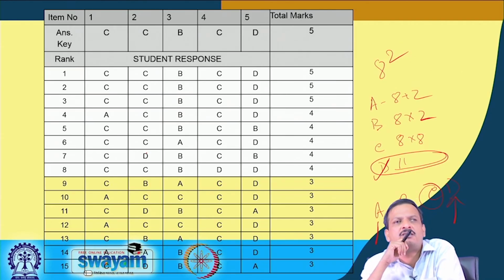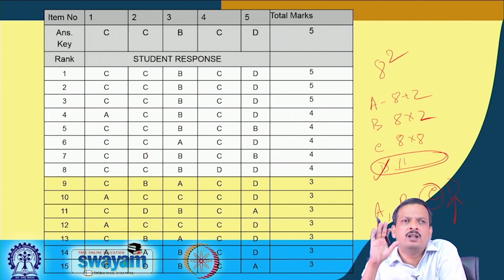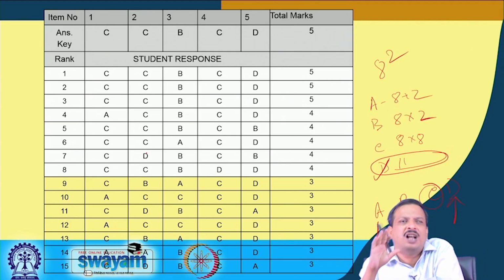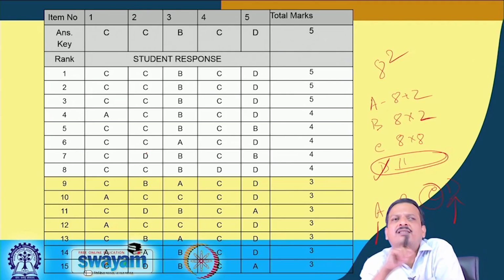I take the test, then find out the lower group and upper group. If it is a good distractor, it will be chosen by most of the lower group students. By providing a distractor, my aim is that the lower group students should be distracted more and the good students, the upper group, should not be distracted.